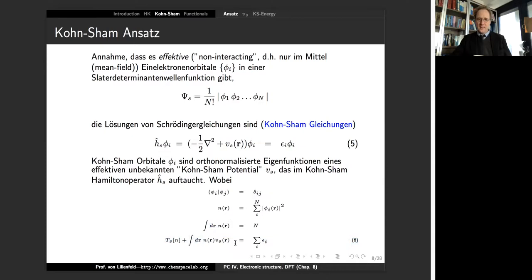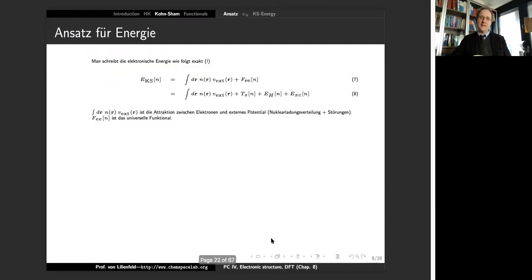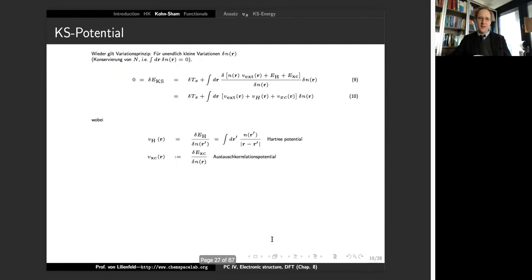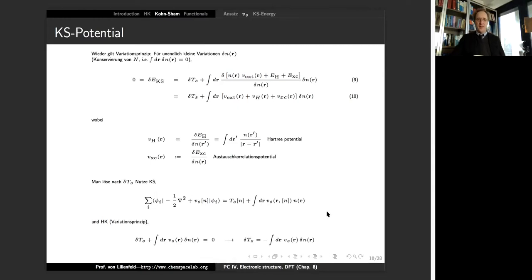So Ts, this integral of electron density and Vs gives you the electron eigenvalues, and these electron eigenvalues is what you see on the left, right? These are the expectation values of the Kohn-Sham equations, and they must be equal T plus this.